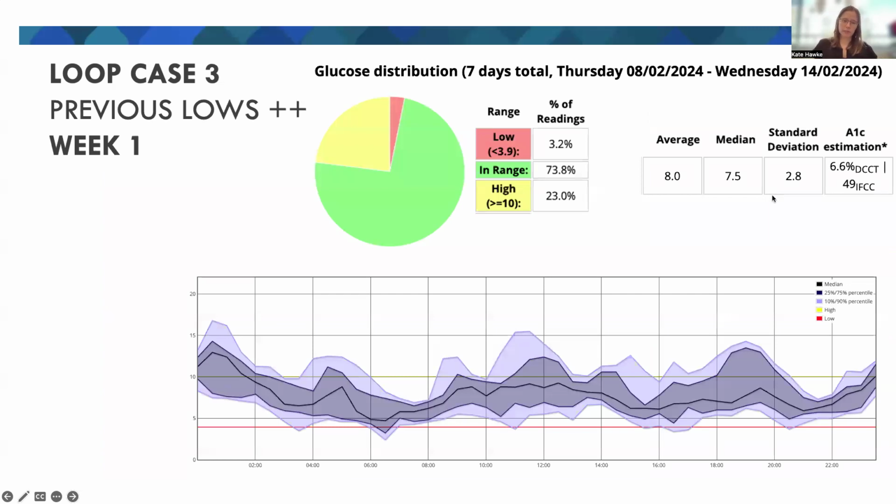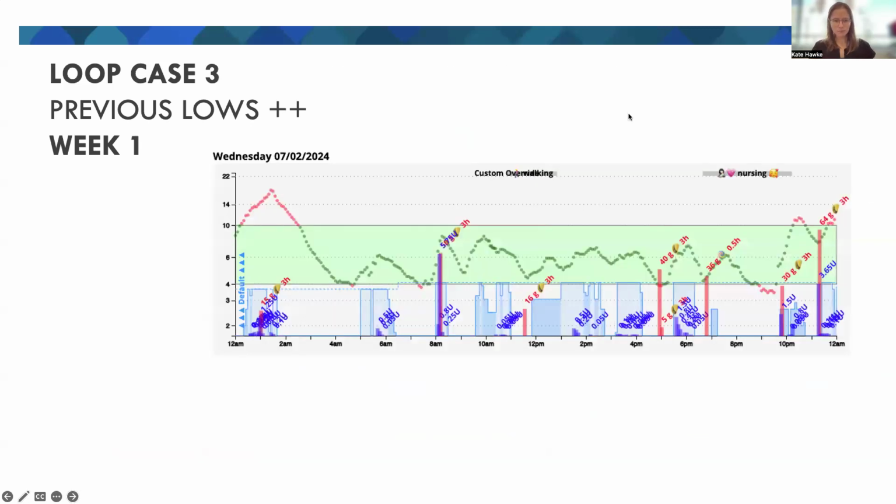So our first week on system, time in range, still fine. That's similar to what it was before, in the mid-70s. Lows brought down to 3.2%, so not brought down as much as I would like.